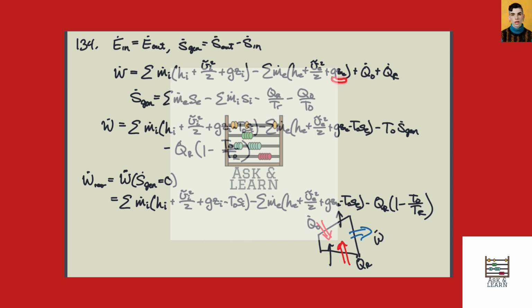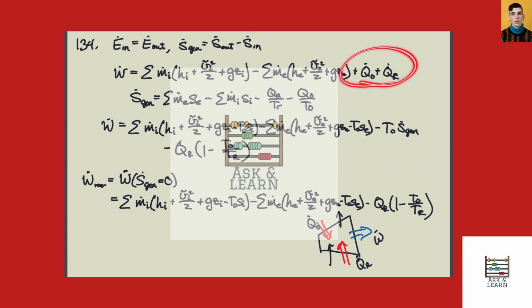Again, if there were changes in the elevation of the inlets and the exits, like in a dam or something, that would be somewhere where you'd obviously have a lot of potential energy as the water flowed down through the turbines in the dam.